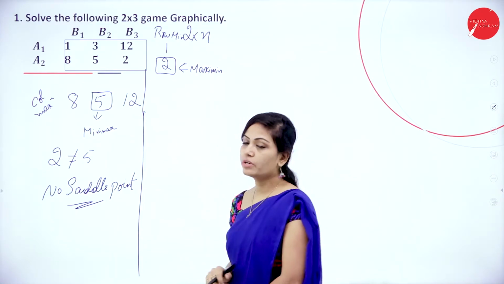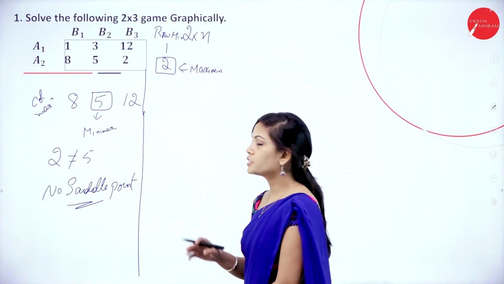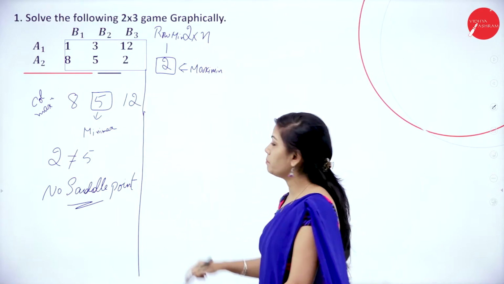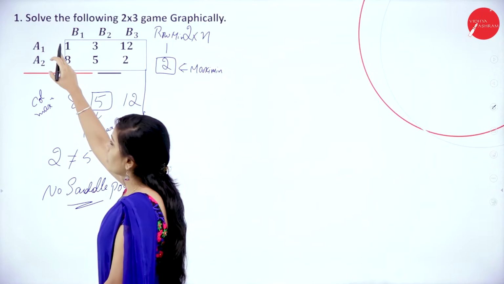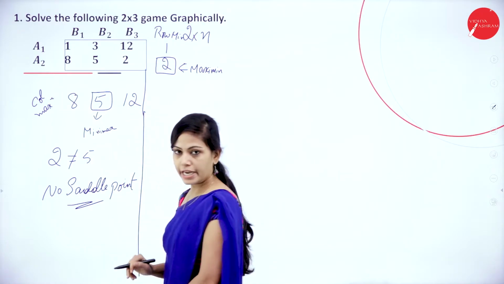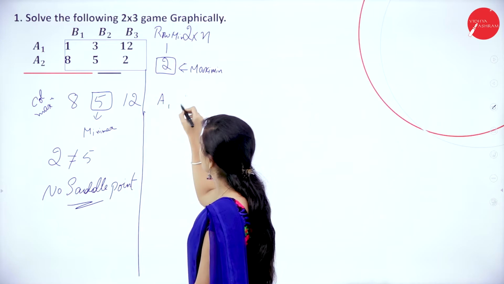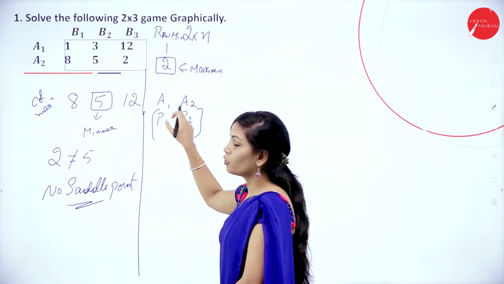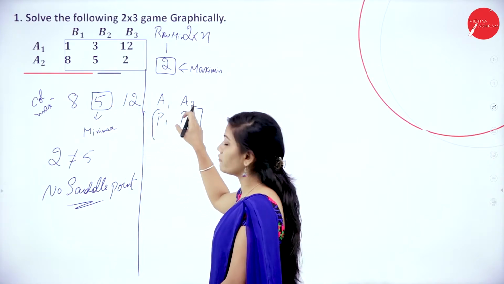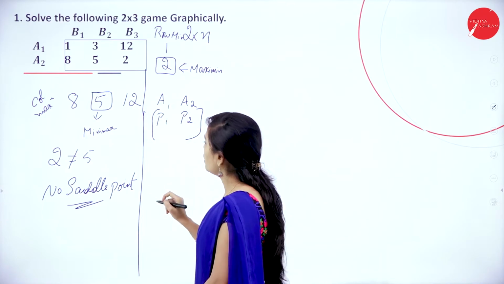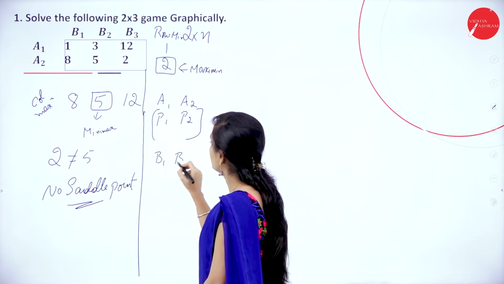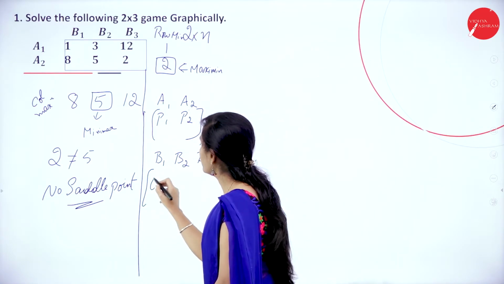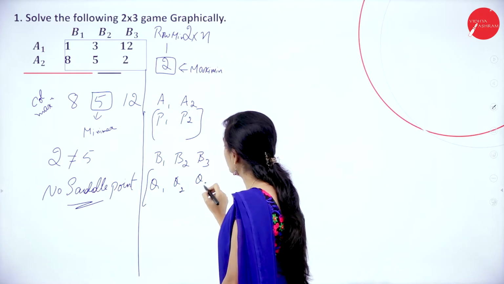Clear? So what is the first step for the graphical method? First you have to write the optimal strategy for player A and the optimal strategy for player B. Player A has 2 rows, A1 and A2, which I consider as P1 and P2, right? And player B has 3 columns, B1, B2 and B3, which I will take as Q1, Q2 and Q3.